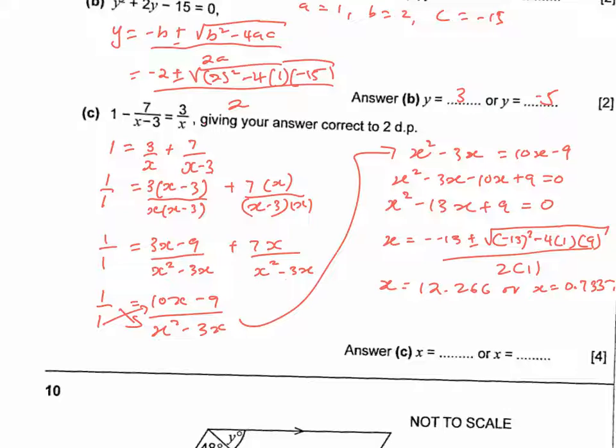So to 2 decimal places, one is 12.27 and the other one is 0.73. Okay, then we go on to question 10.